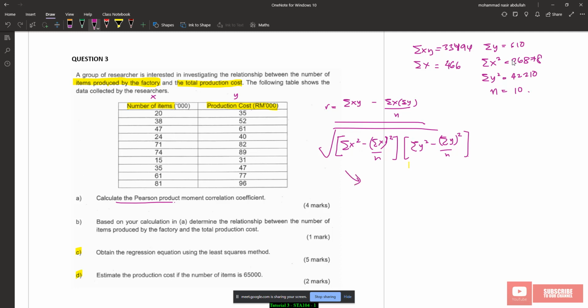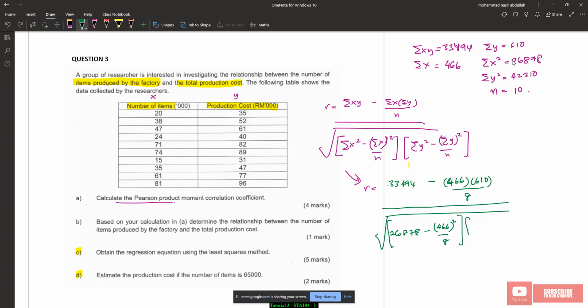And then you just plug in the value into the formula. R equal to, I use another color, 33494 minus 466 multiply with 610 divide by 8, and everything divide by, and then this one should be 26878 minus, this is the first part, right? 466 square divided by 8 and multiply with 42210 minus 610 square divided by 8.